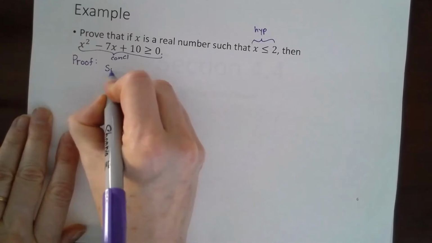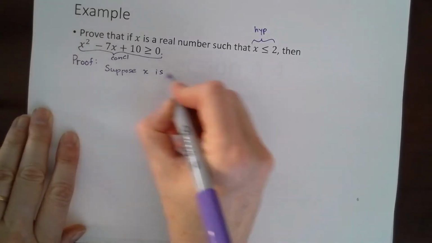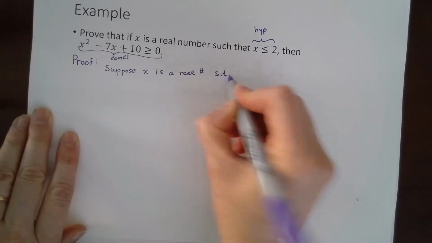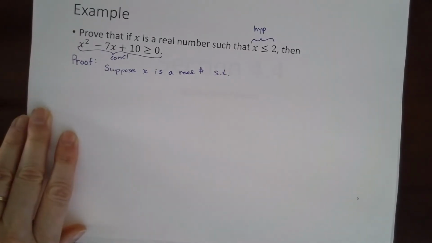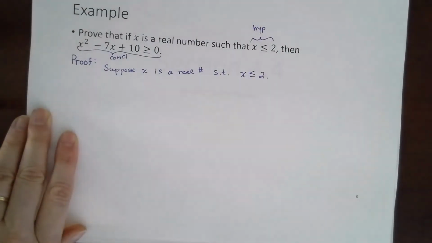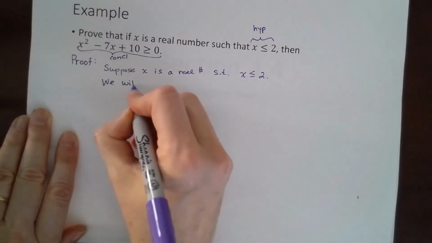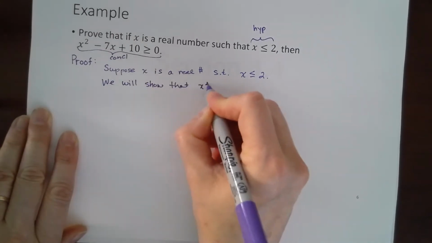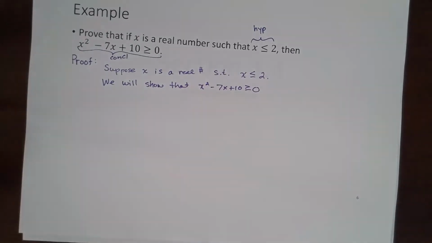So we say, suppose x is a real number such that x is less than or equal to 2, and then we will show that x squared minus 7x plus 10 is greater than or equal to 0.